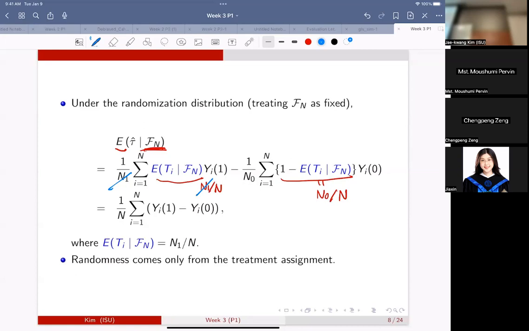Same way, N0 cancels, so you get this. So this is exactly equal to what? This is tau N bar, the finite population quantity. So the randomness comes only from the treatment assignment.